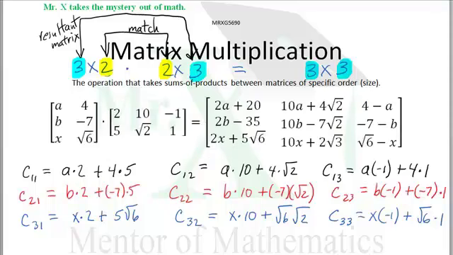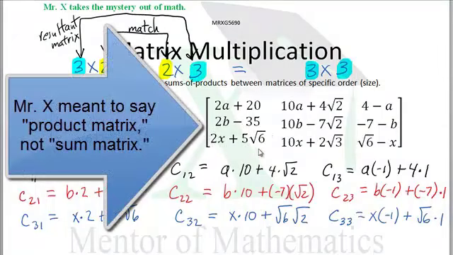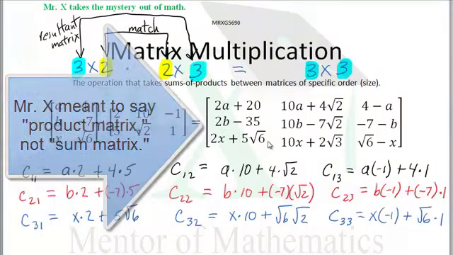All right, let's fill this in for you. We have multiplied a 3 by 2 times a 2 by 3 and gotten a 3 by 3. So understand that this 2x plus 5 radical 6 is a single element in our sum matrix. And how did we get to 2x plus 5 radical 6?